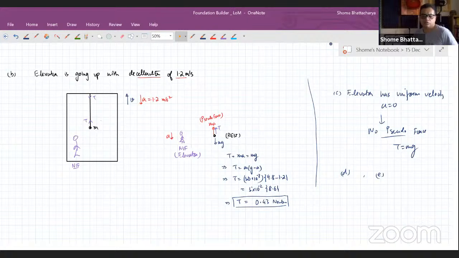Okay, so no problem. Let's solve some more questions. So next we will discuss question 16. So go through it carefully. This is the same level of questions we have done in the last lecture, so you will not have any difficulty understanding this.